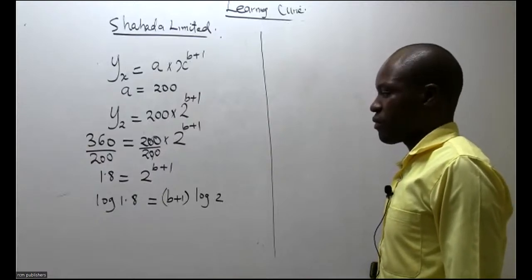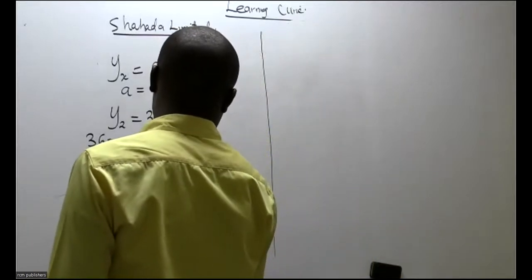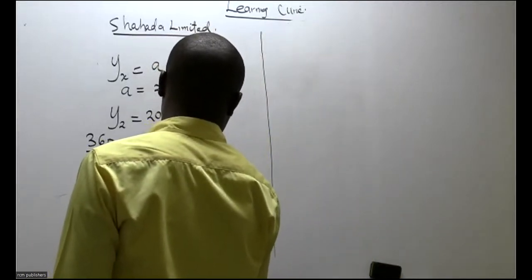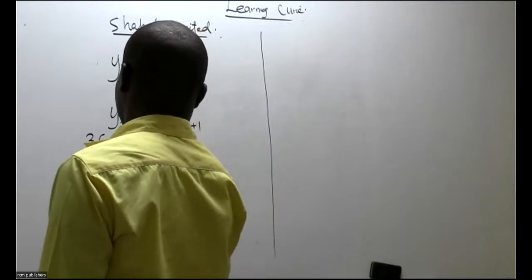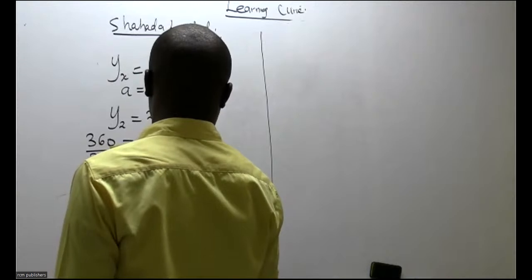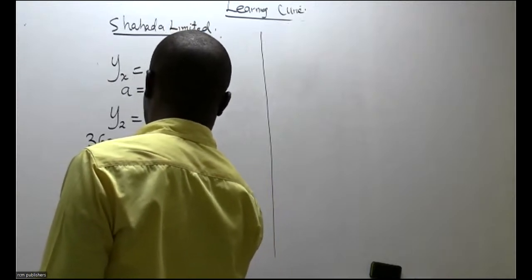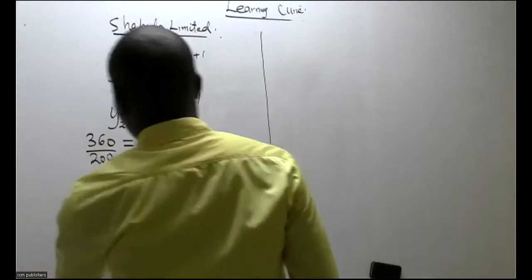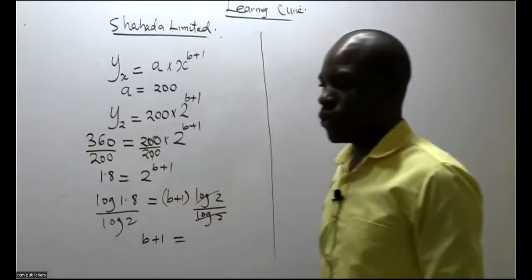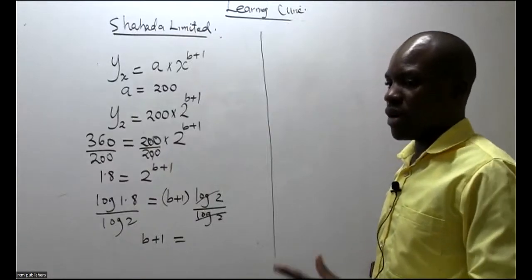Having done that, let's collect them together. We divide this side by log 2. So we have B plus 1 is equivalent to log 1.8 divided by log 2.